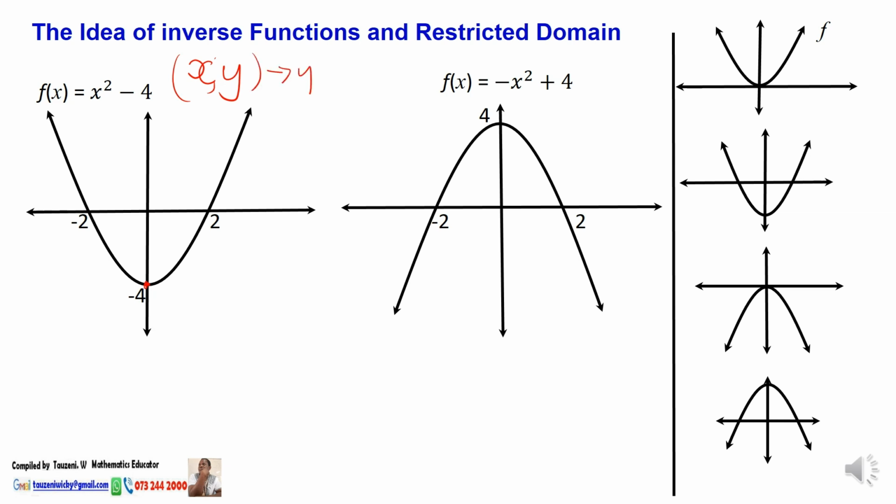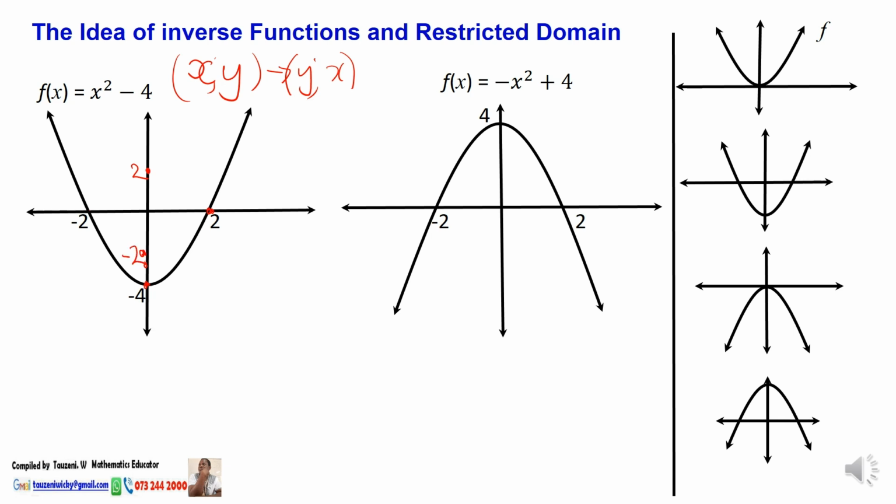In simple terms, you swap the coordinates that are given. So this coordinate here is 2, 0. It means my inverse is going to pass through 0, 2. This is -2, 0. The inverse is going to pass through 0, -2.